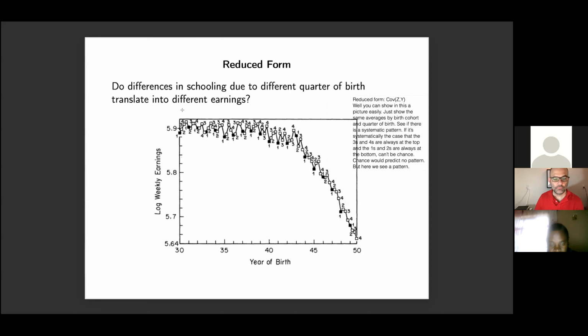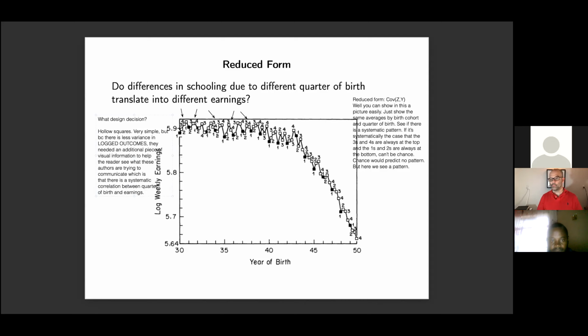Notice again, 3s and 4s. Now notice what they're doing now. What design decision? Hollowed squares. Very simple, but because there is less variance in log outcomes, they needed an additional piece of visual information to help the reader see what these authors are trying to communicate, which is that there is a systematic correlation between quarter of birth and earnings.